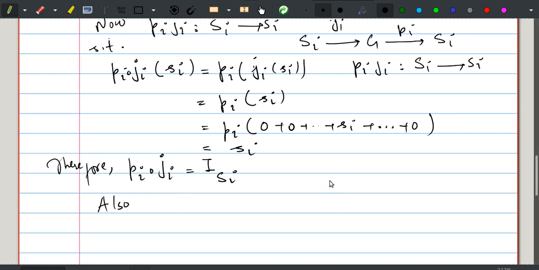Now let us consider the map Pk Ji. Again, Ji is the inclusion map of Si into G, and Pk is the projection map of G onto Sk.